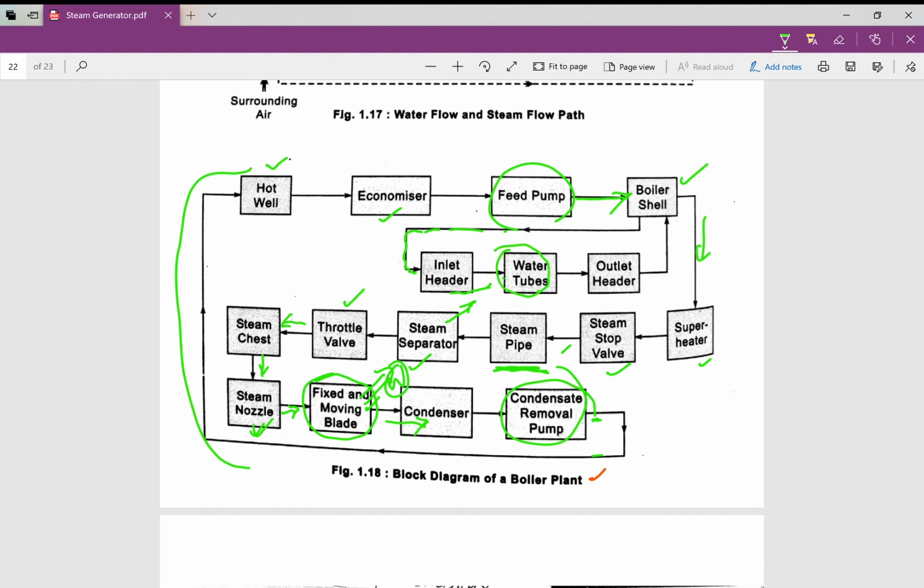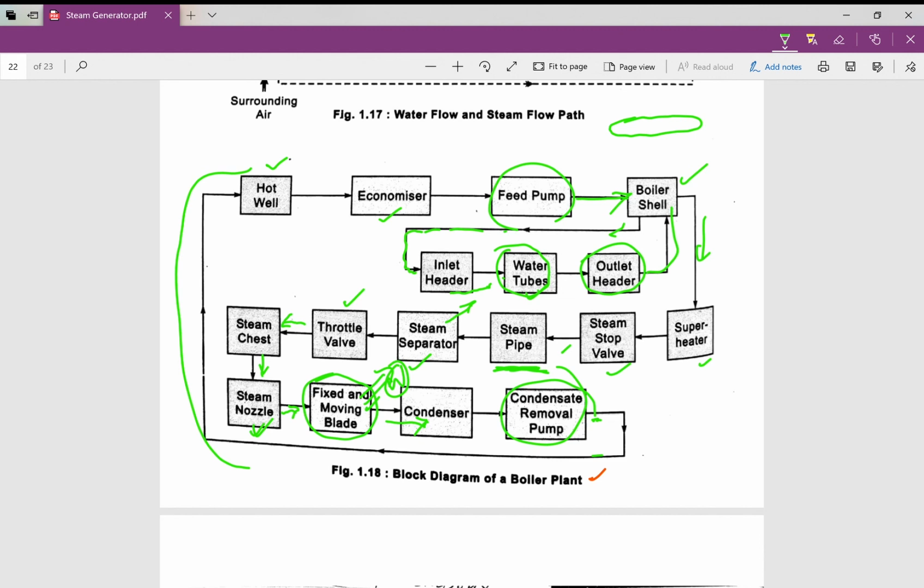These water tubes in which cold water flows get heated with the help of hot gases, and then through the outlet header the steam produced goes to the boiler shell. So in the boiler shell here, there is a steam drum or water drum of the boiler shell.